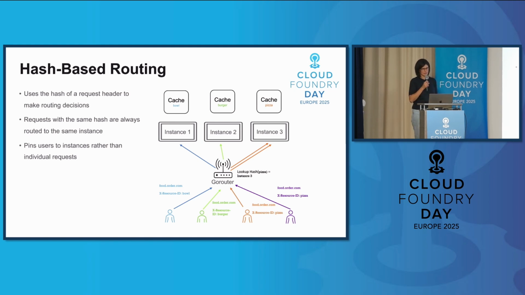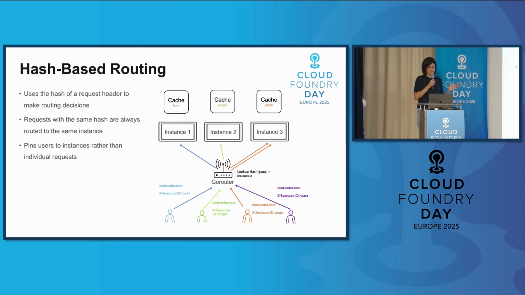All the next requests with the same header value, X-Resource-ID pizza, will be consistently sent to the same instance, instance 3, but they may be routed to another instance if the current one is overloaded.